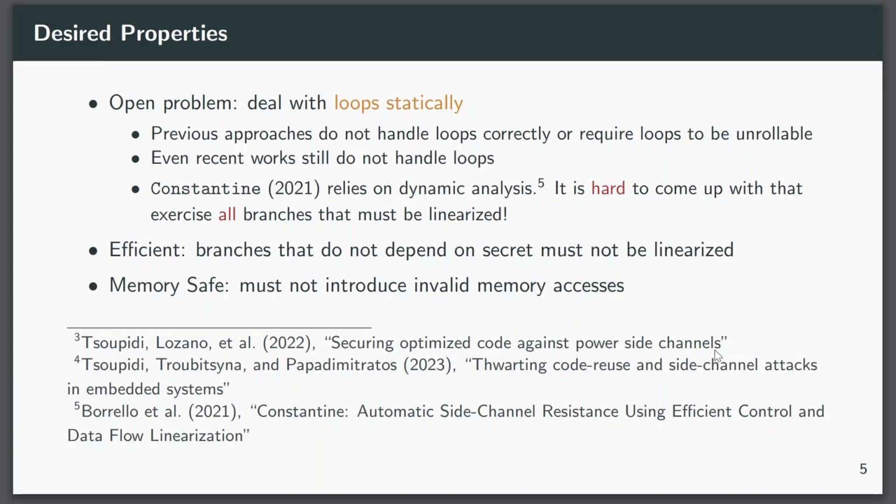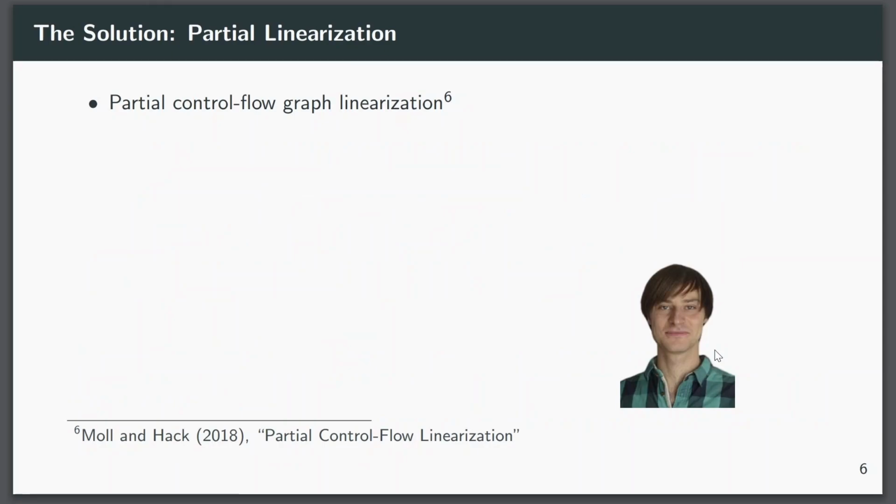The transformation must not introduce invalid memory access, which is something that occurred in previous approaches like that one from 2018. And then we searched for a while. We tried to come up with a linearization algorithm, and we found this partial control flow graph linearization algorithm from 2018 from Moll and Hack, Simon Moll and Sebastian Hack.